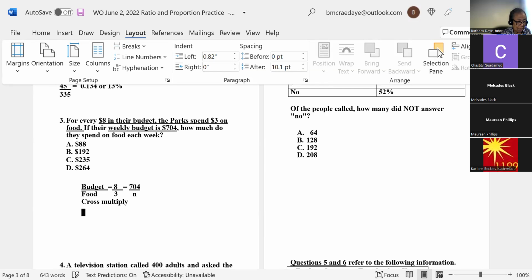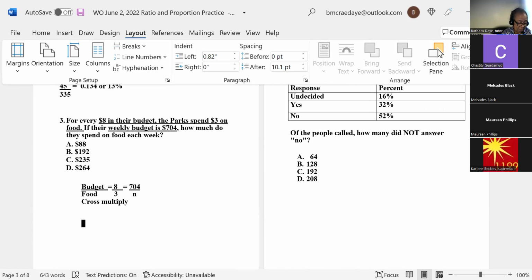Okay, so you get 8n. What's that equal to, Mercedes? 2112. Okay, 8n is 3 times 704, and you got 2112. Okay, what's your next step? The next step, you're going to divide 2112 by 8. That's it.